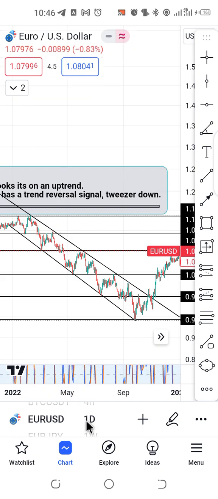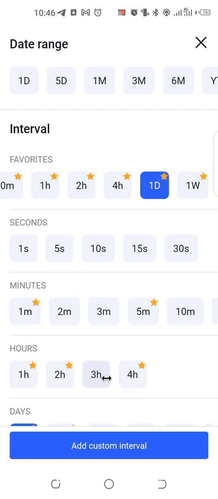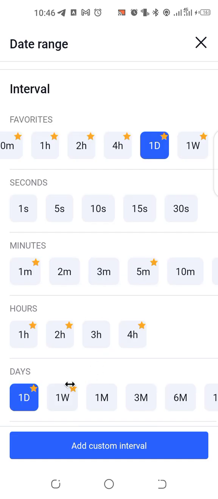Then you can scale down to the 4 hour, the 1 hour, the 30 minutes, 15 minutes, 5 minutes, and the rest. Beginning your analysis from a higher time frame, like the monthly, the weekly, the daily, 4 hours, 1 hour, down to 1 minute is what we call top-down analysis.